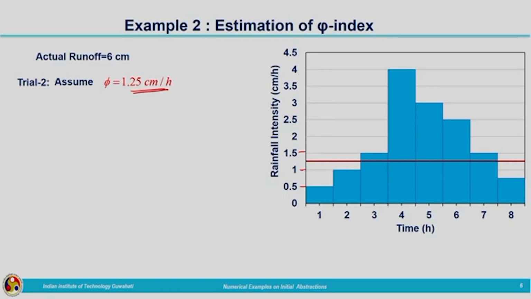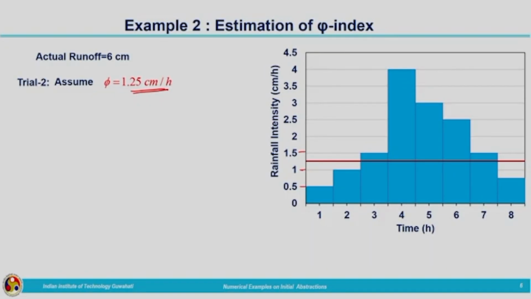The initial guess gave an overestimated runoff, more than the actual runoff. So we need to increase the constant rate of abstraction. That is why we have increased the phi index value from 0.75 to 1.25 centimeters per hour.